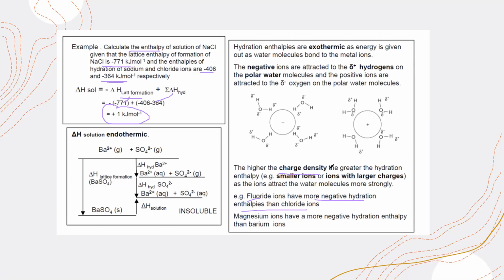That's why a greater amount of energy is released. And same thing, magnesium ion has a more negative hydration energy than barium ion because magnesium ion is smaller as compared to barium ion. So for hydration energy to be higher, the charge density should be greater. Greater charge density means smaller volume and higher charge, which leads to greater hydration energy.